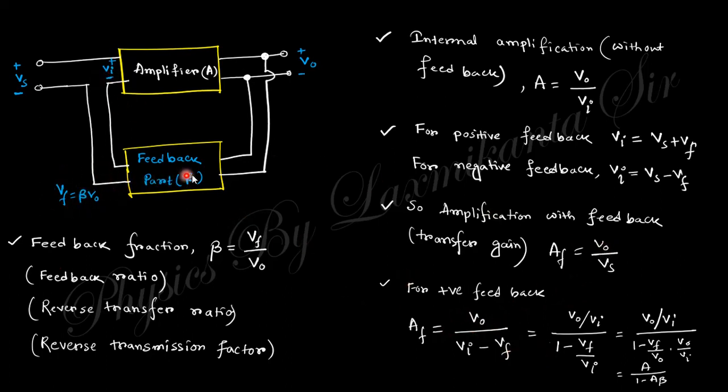Vf is the voltage which is fed back from the output. So just dividing by Vi, you will get this relation, and rearranging that one. So this is A and this is beta. Okay. Vf by Vo is beta, and this is Vf.